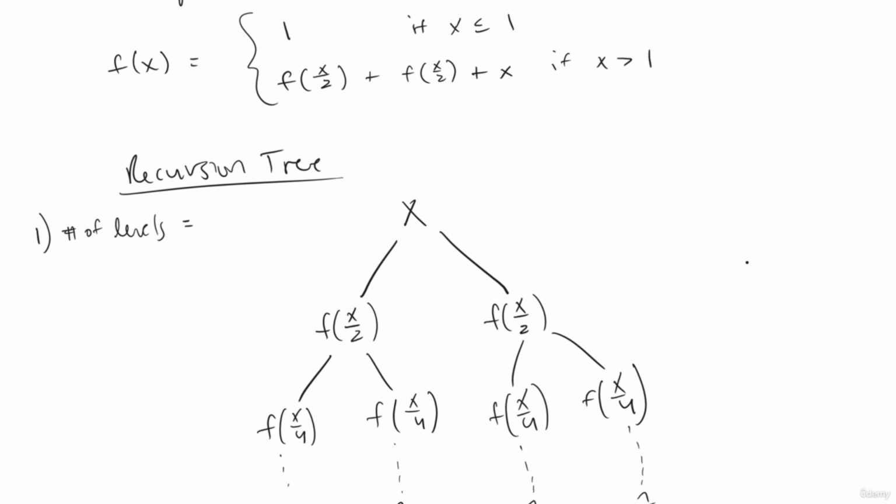And the number of times that I'm going to be able to split a problem in half until eventually I get less than or equal to 1, you may not know this, but that is the same thing as taking the log base 2 of my input.